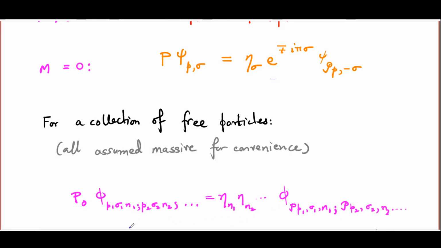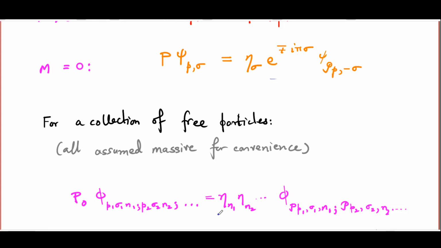So P0 acting on phi, p1 sigma 1 n1, p2 sigma 2 n2 etc. is basically eta n1, eta n2, all of these multiplied together, multiplying the multi-particle free state phi, curly p p1 comma sigma 1 comma n1, curly p p2 comma sigma 2 comma n2 and so on.